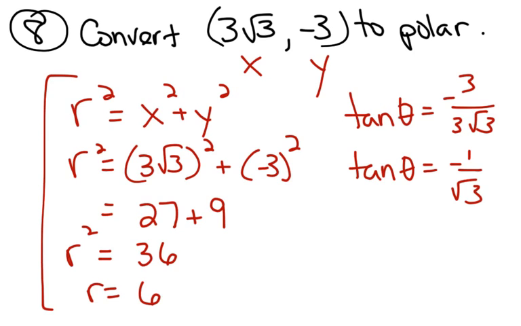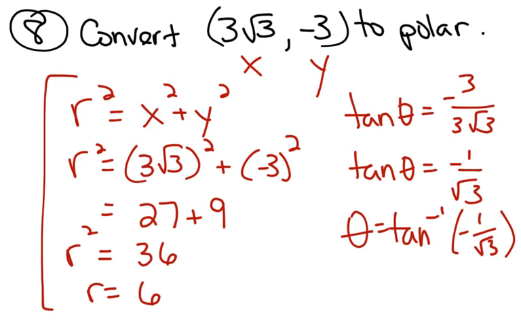To find the tangent of theta, which is y over x, I'm going to do negative 3 divided by 3 radical 3. You don't have to reduce it because you can just put this into your calculator, but if you reduce it, you get negative 1 over the square root of 3. If you're not sure what that is in radians, then you can always plug it in your calculator in degrees and do the inverse tangent of negative 1 divided by the square root of 3.